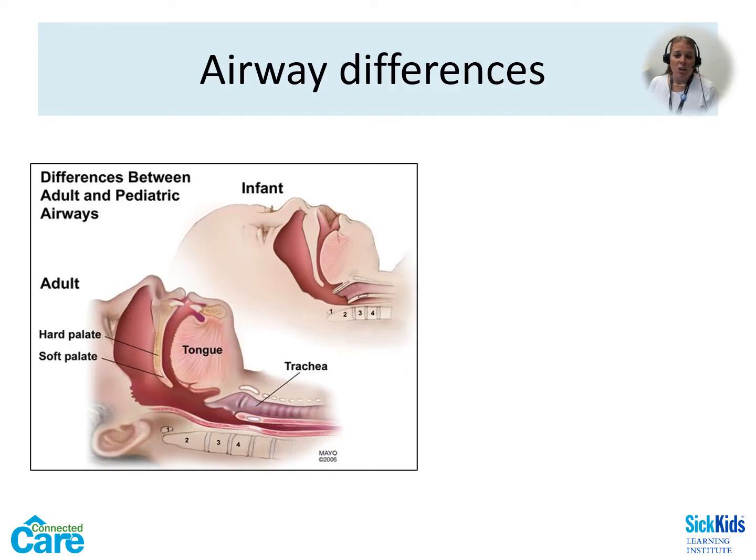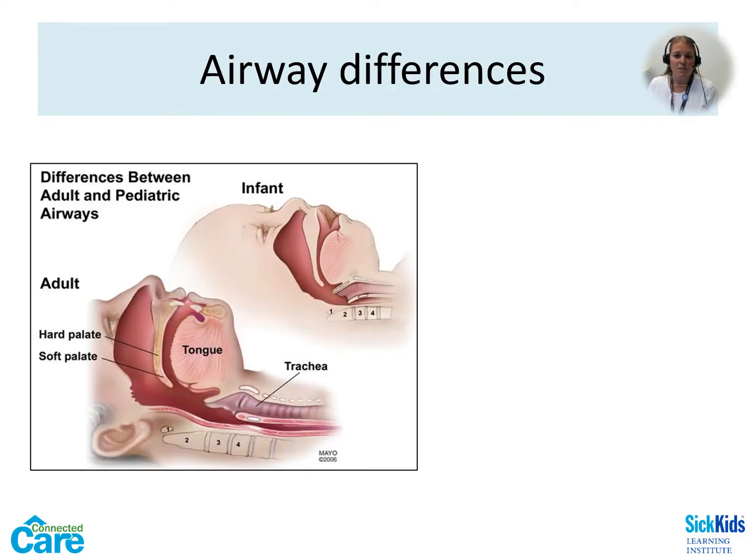Children tend to have larger tongues in relation to their mouth, and children have shorter and softer tracheas. All of these things can contribute to why children are predisposed to respiratory distress and may require admissions for viruses that may just be common colds for adults.